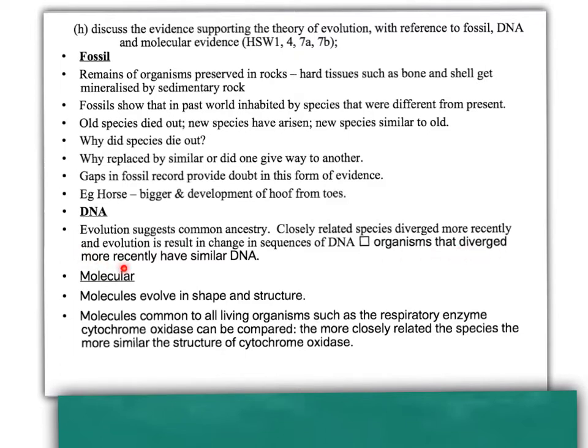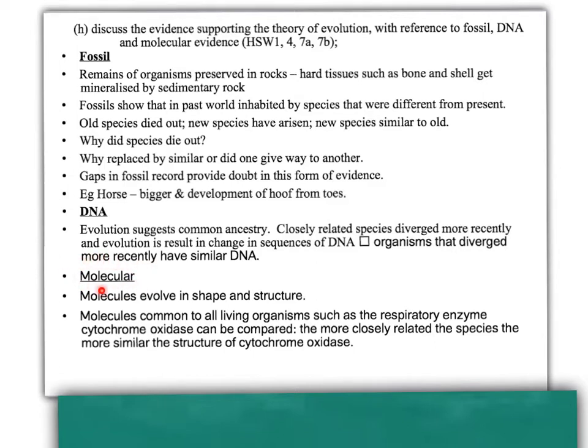Organisms that diverged more recently have more similar DNA. So we can just compare sequences of DNA to find out which organisms we're most closely related to. This is a very important feature within the whole business of classification these days, which you studied in a different unit.